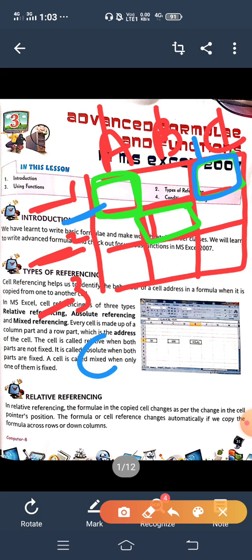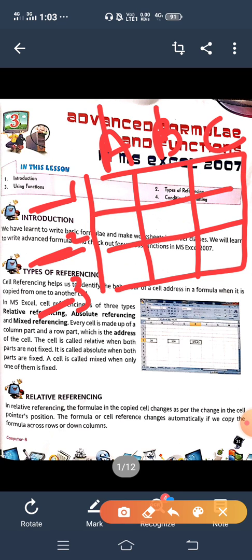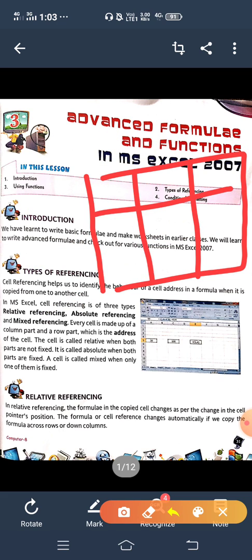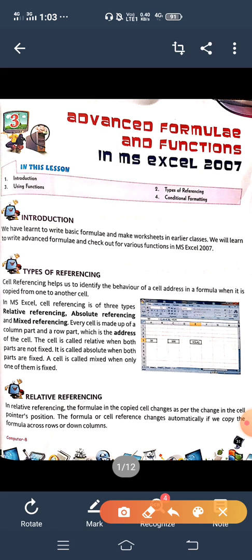Now let us talk about our next topic, that is relative referencing. So already we have discussed that referencing means change in the behavior of the formula when it is copied from one cell to another cell. Whenever we copy any formula from one cell to another cell, its cell address will automatically change.